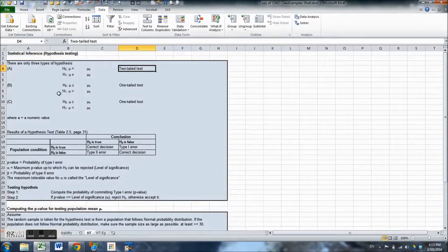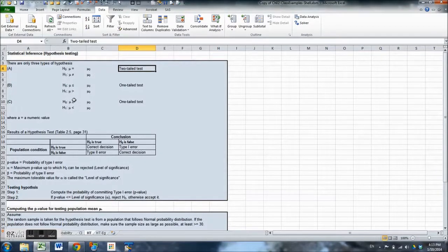Now the second form is when mu is less than or equal to some value as the null hypothesis, and the alternative is the opposite of that, mu greater than that value. This is a one-tailed test because the alternative is mu greater than.